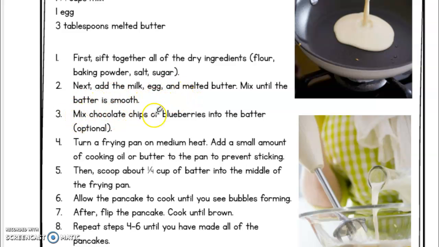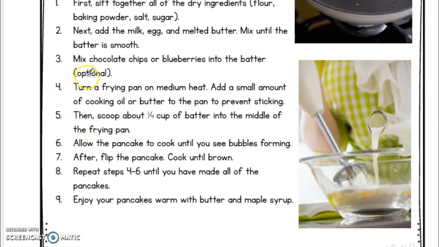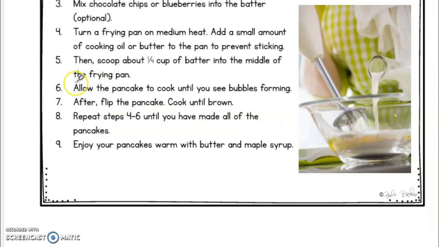Mix chocolate chips or blueberries into the batter, optional. Number 4, turn a frying pan on medium heat. Add a small amount of cooking oil or butter to the pan to prevent sticking. Number 5, then scoop about 1/4 cup of batter into the middle of the frying pan. Number 6, allow the pancake to cook until you see bubbles forming.